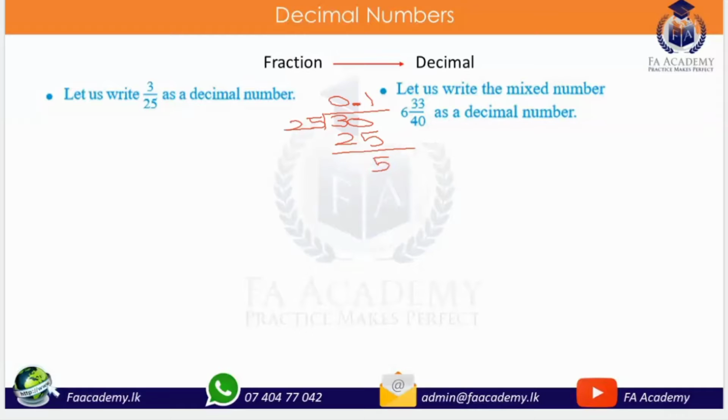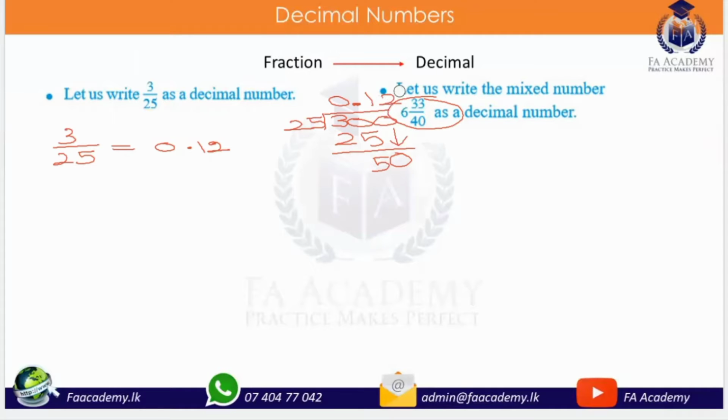Then we can go further by adding a 0 near the 5, so it will become 50. For 50 there are two 25s. So by doing a long division you can get the answer for 3 divided by 25. It is 0.12.